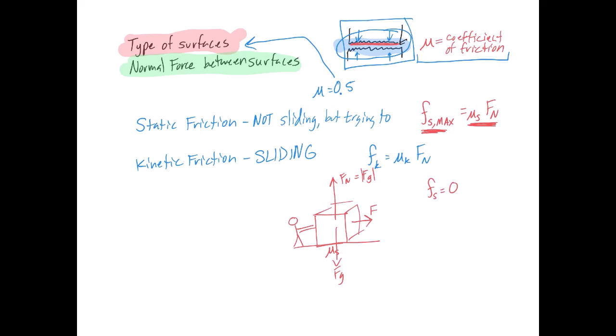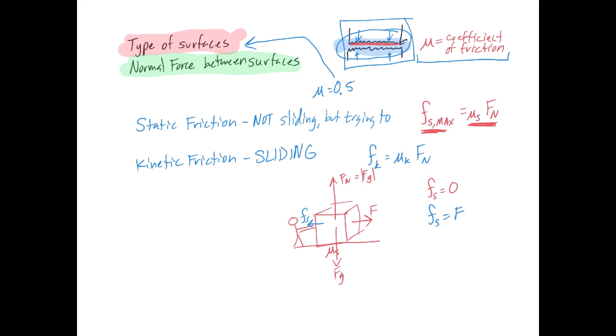Now, if the box is not sliding, it's because the static friction is pushing back in the opposite direction with the same amount. Remember, this is Newton's first law. The object maintains its state of motion as long as those forces are balanced. So as long as the box is at rest, then the static friction will be equal to whatever force I'm applying on it. Right? Those two forces will be equal so that the object stays at rest. That static friction will increase as I push harder on it.